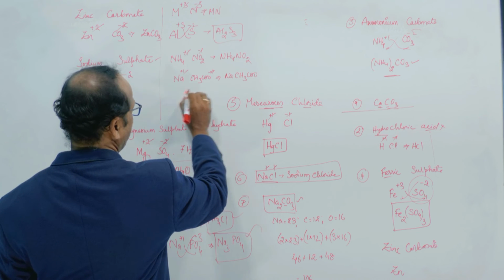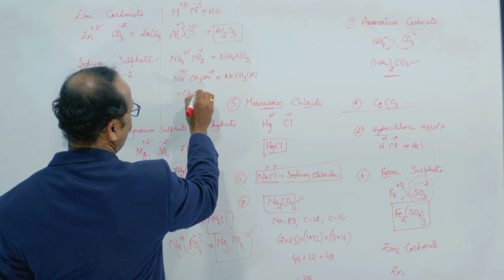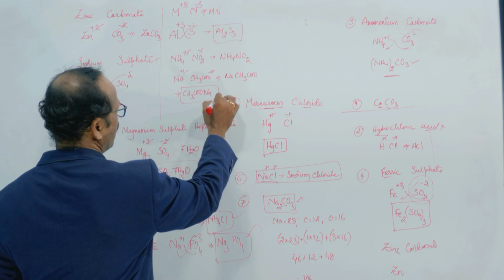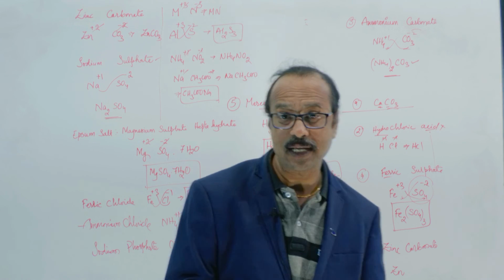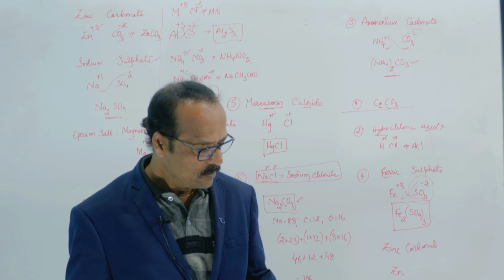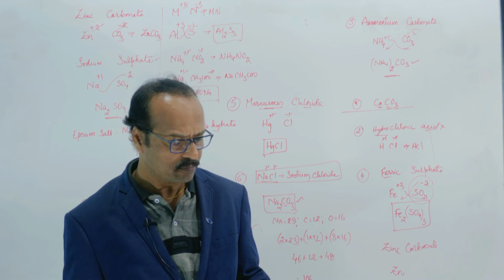But generally we write CH3COO first, then Na. So the formula is CH3COONa. I'll explain why we write it like this when we discuss organic chemistry. So CH3COONa is the right answer.